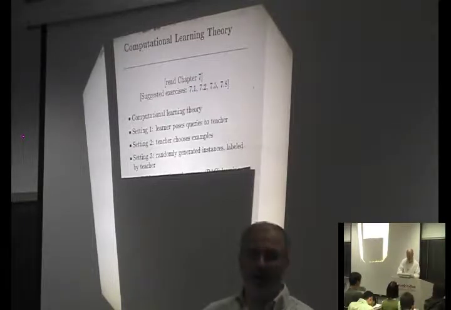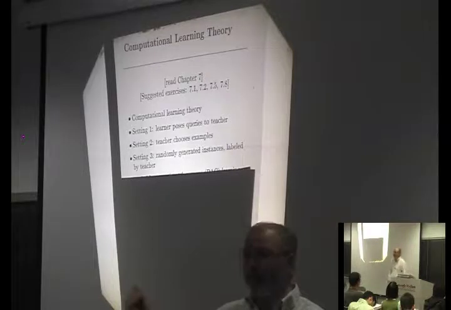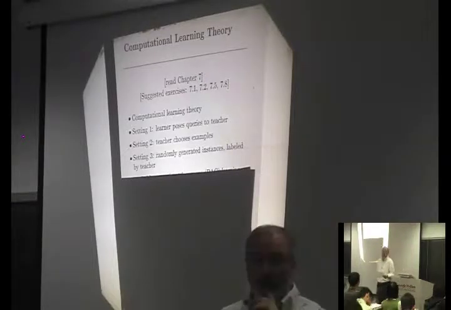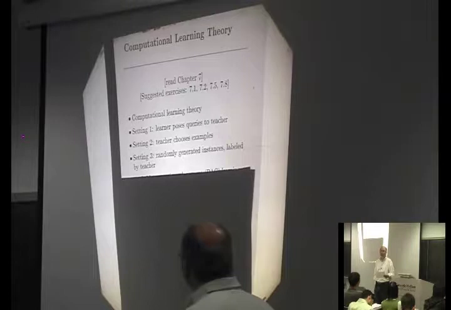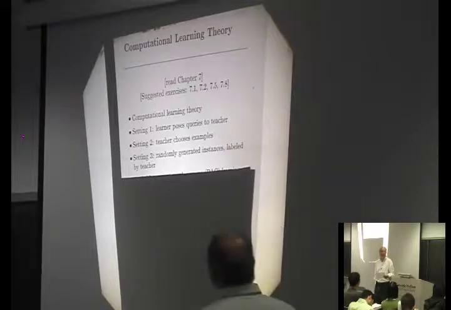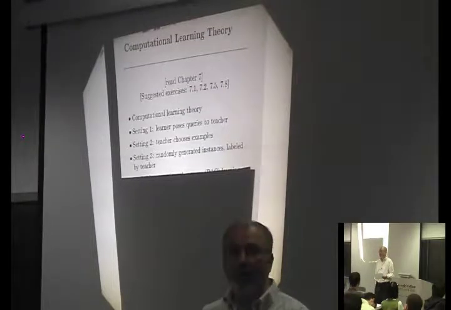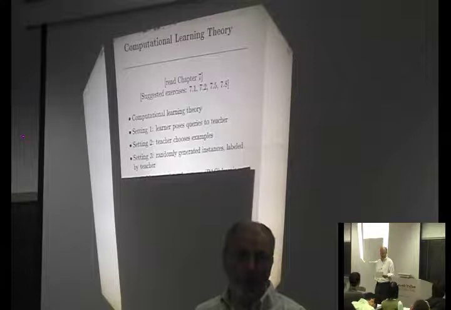Now compare that to scenario 2. There's a teacher who knows the target concept, and they provide you with training examples that are tailored to help you reach your answer as fast as possible. So how many examples you will need depends, of course, on what the target function is.